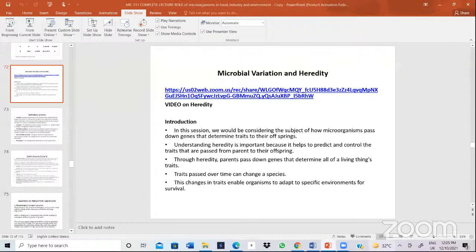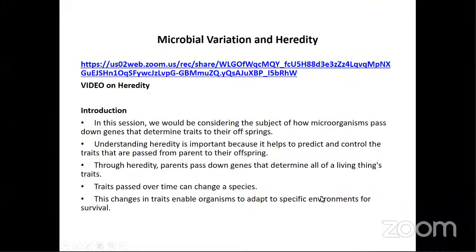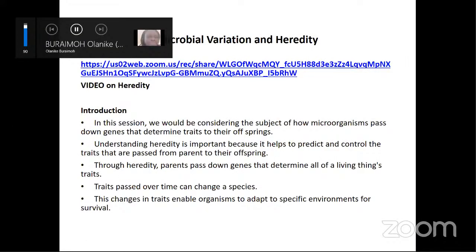All right, so we have microbial variation. Let's do some introduction. In this session, we are going to be looking at the subject of how microorganisms pass down genes that determine traits to their offspring.